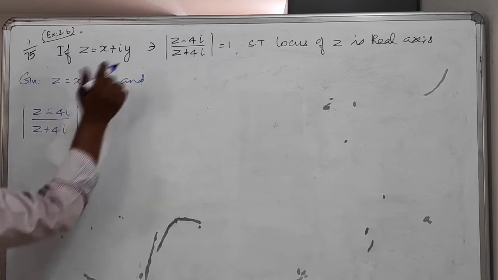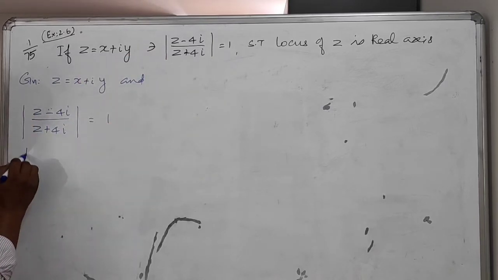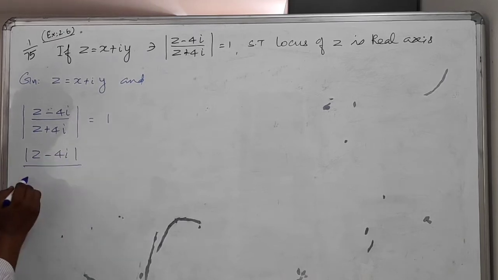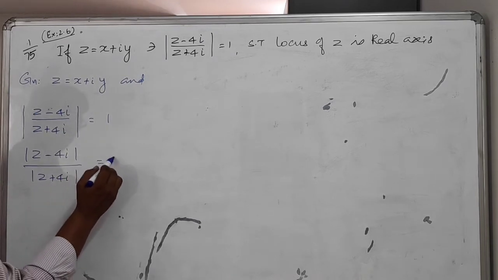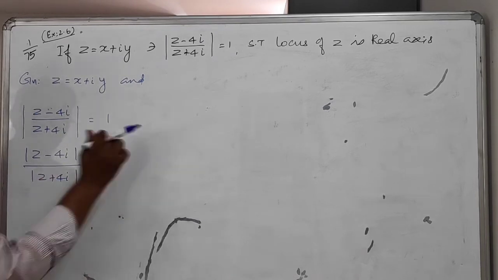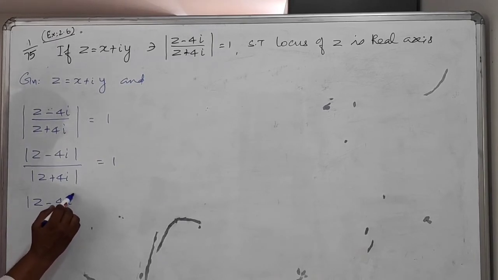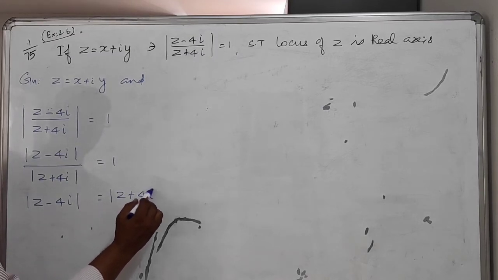And the modulus of this one is equal to 1. Now this can be written as the modulus of z minus 4i by modulus of z plus 4i, which is equal to 1. Now this can be taken to the right hand side, so you can write the modulus of z minus 4i is equal to the modulus of z plus 4i.